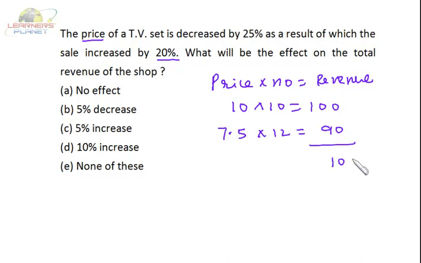That means it's a 10% downfall in the revenue. Which is none of this over here. I hope you are clear. Just identify the variables, identify the formula for calculating the revenue, and take the base value as 10 and calculate. It's as simple as that.